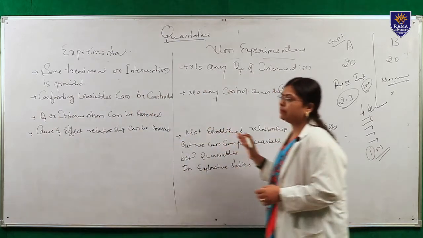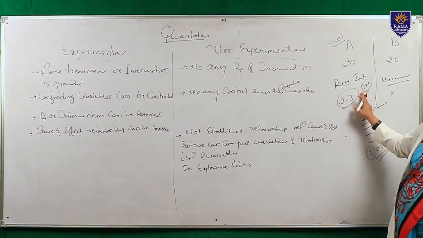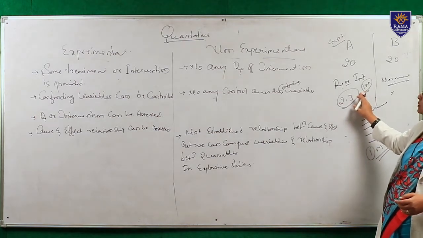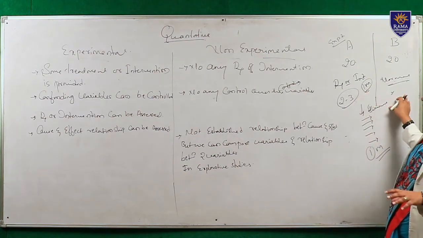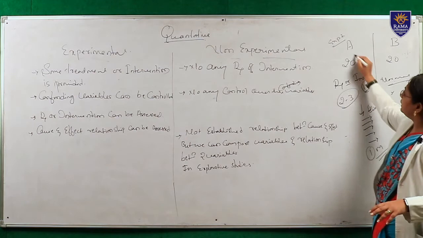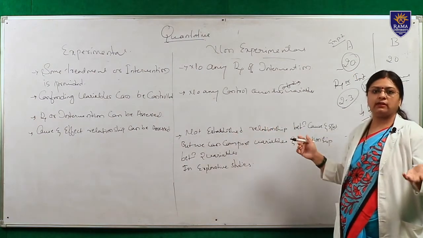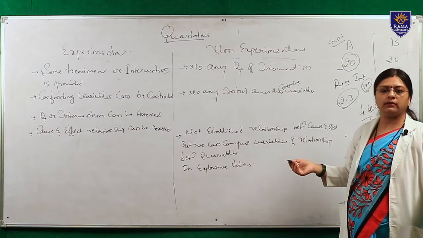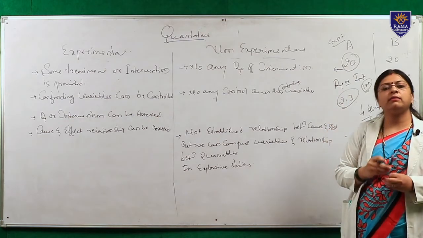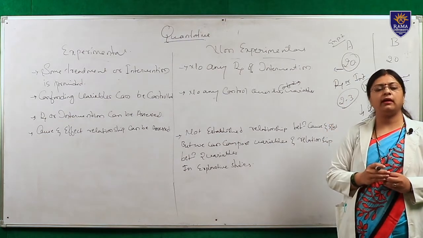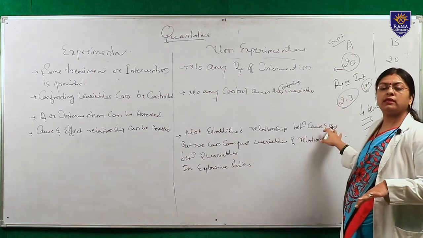Again go back to this example. Here we are giving 1 month of treatment, a rich high fiber diet, to these people, and in the other group we have given nothing. But suppose, without the researcher knowing, one of the participants is taking some other medication, for example a laxative, other than the treatment the researcher has suggested.